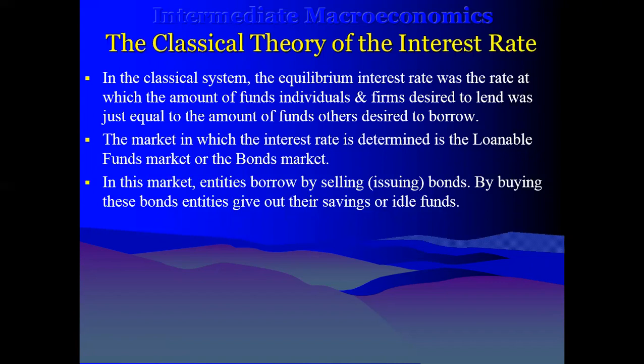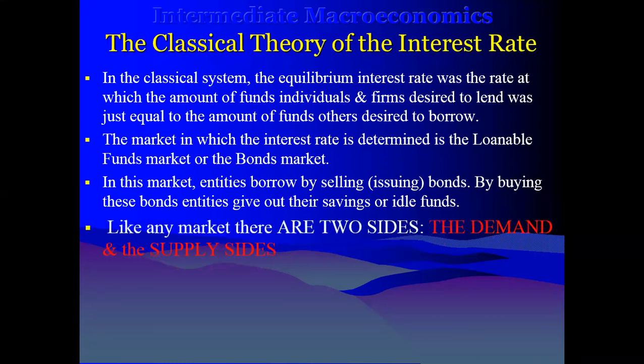When someone tells you that I'm going to buy bonds, say government bonds, it means that you have some money that you are not using now, but you don't want the money to be idle. So you buy the government bond, and that means you are lending the government funds. So that's how it works. Borrowing means you are selling bonds, and buying means you are giving out your money.